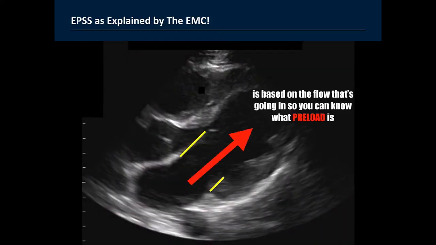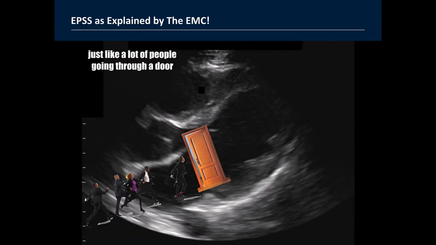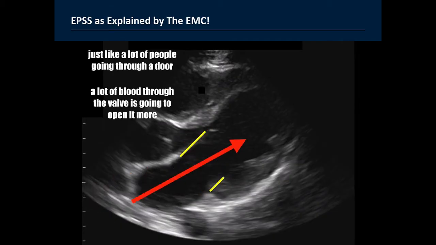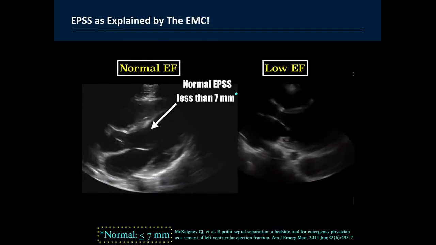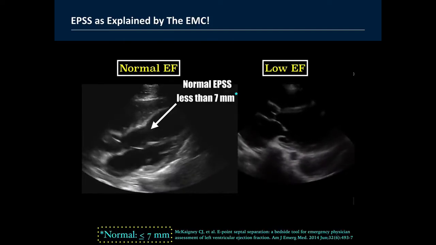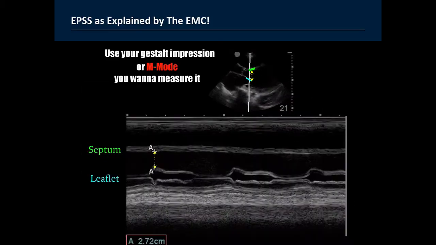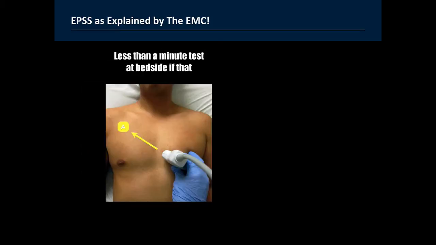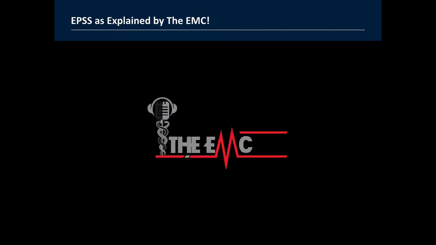So you can know what preload is, and this is used as a proxy to approximate what's probably going out to the body. Just like a lot of people going through a door, a lot of blood to a valve is going to open it more. So the more the valve opens, the closer it gets to the septum. The normal EPSS is less than 7 millimeters. If it's more, systolic function is depressed. Use your gestalt impression. In M-mode, you want to measure it. Less than a minute, test it. Bedside, that's an ejection fraction wrapped up in 1 minute flat.